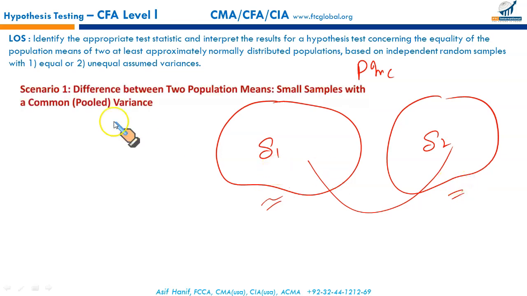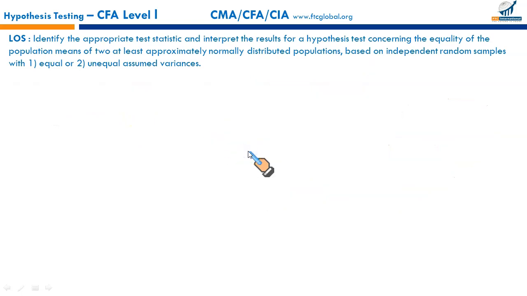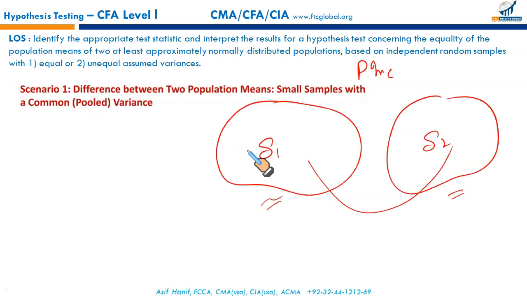So in scenario 1, the difference between two population means, small samples with a common pooled variance. Now let's say these are the two populations we are discussing. Let's say we select N1 samples from the first population. That's the sample size for population 1, and N2 for the second population.